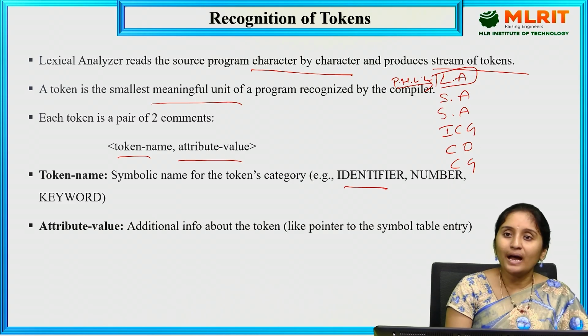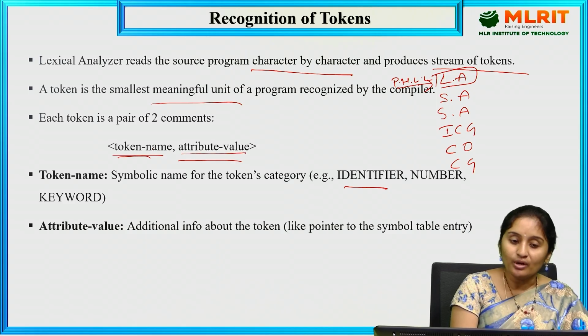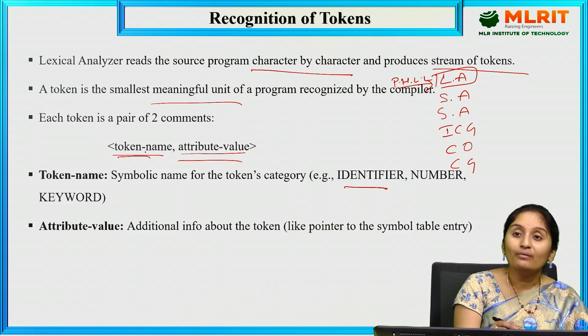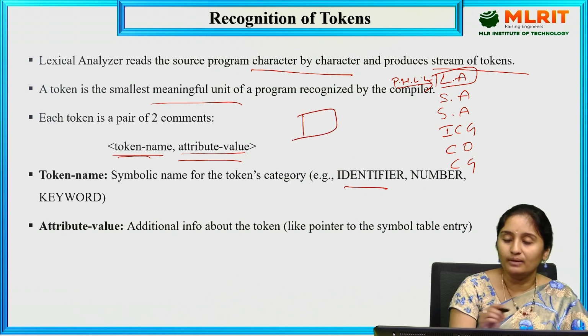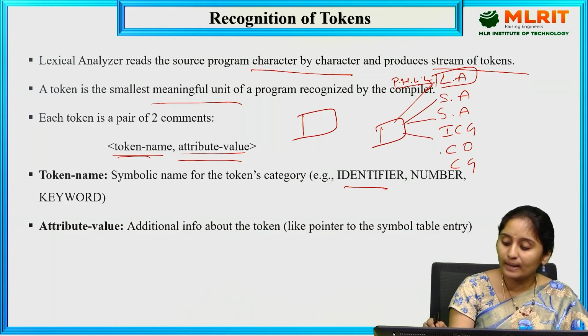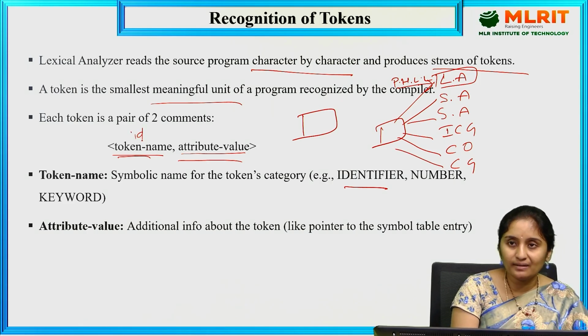The tokens are represented in the form of angle brackets, with the token name and attribute value. The token name tells us that it is an identifier that should be stored in the symbol table. There is a symbol table in the phases of a compiler, connected to all 6 phases. For example, let the token name be an identifier, ID.